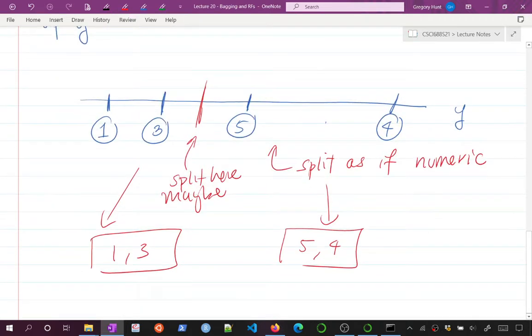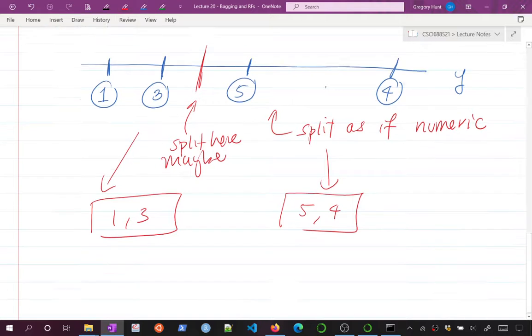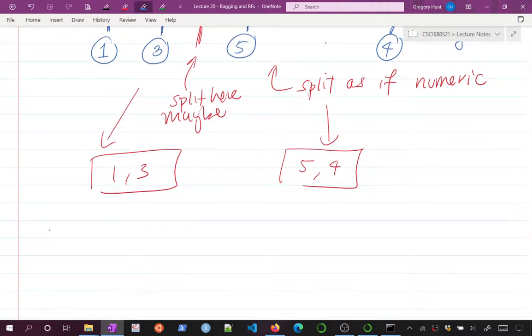So all I would do is calculate y bar group-wise, according to the levels of this variable. There'll be Q levels, so you'll have Q y bars. You arrange them on the number line like this, and then you treat that as quantitative, and you split as if it were a quantitative variable. And it turns out this is the best thing to do.